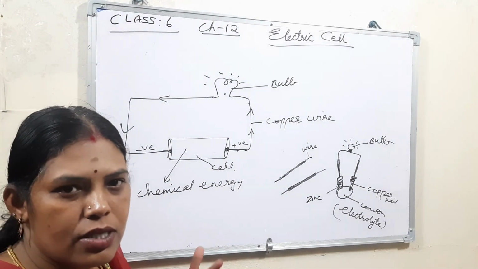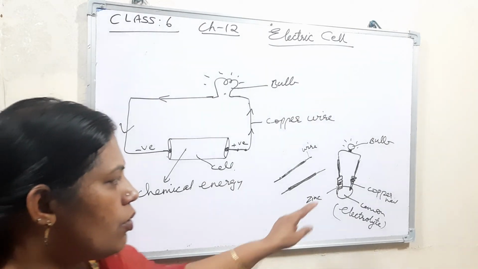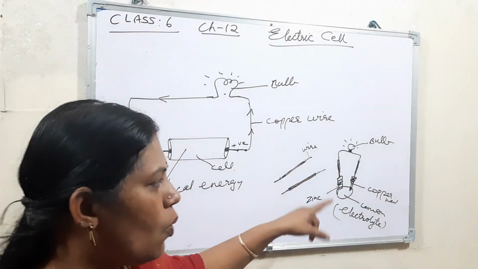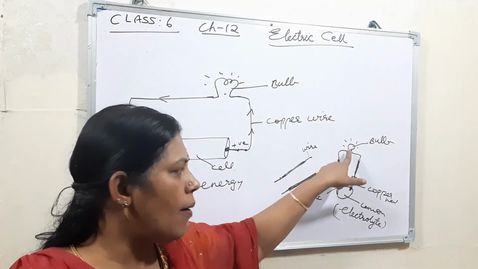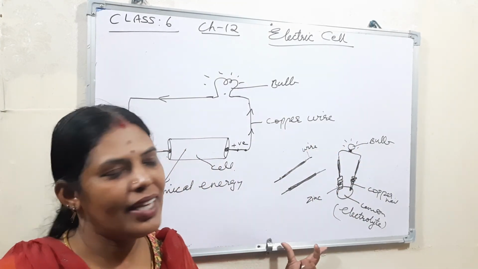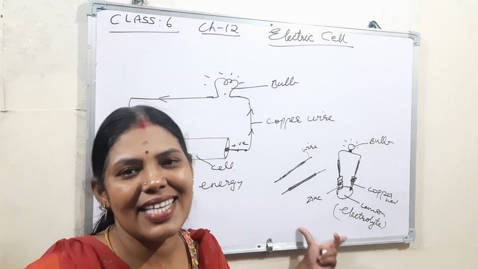But you people are so small, so don't do like that. Instead, you can connect the two ends with the bulb. This way you can make the simple electric circuit.